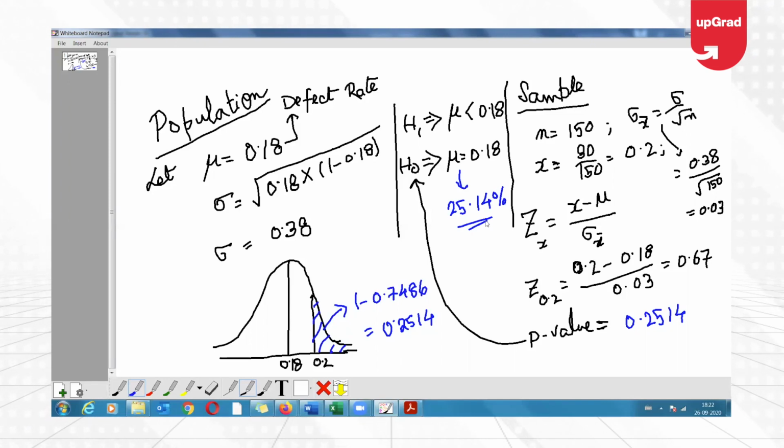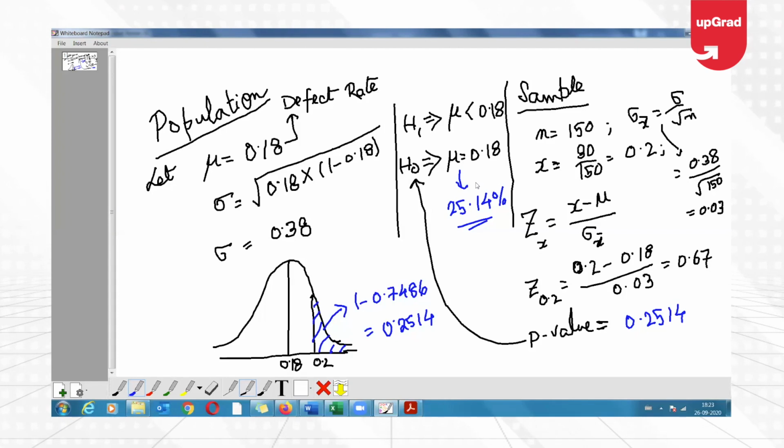I cannot, right? This statement can certainly be true, right? I cannot reject this. So if I look carefully into this problem, why did I get such a big p-value?